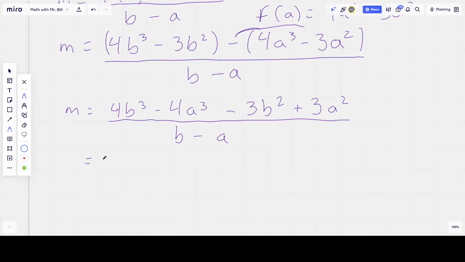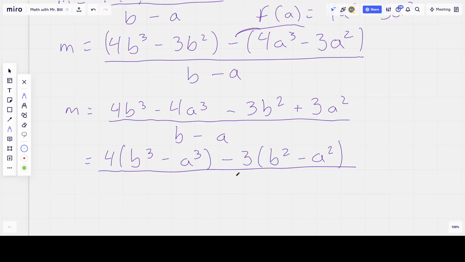So we get 4 times b cubed minus a cubed minus 3 times b squared minus a squared. Because to factor out that negative, the signs have to change. All over b minus a.